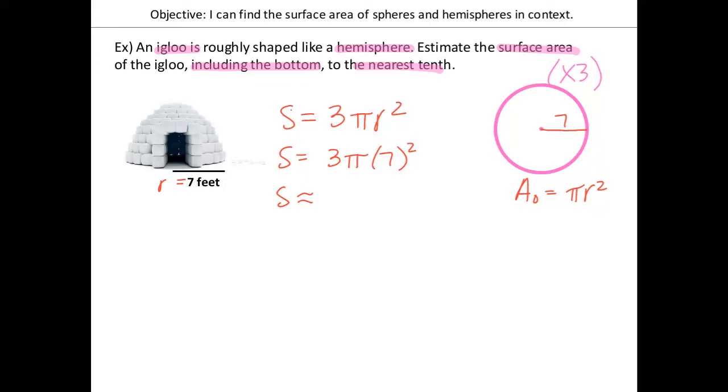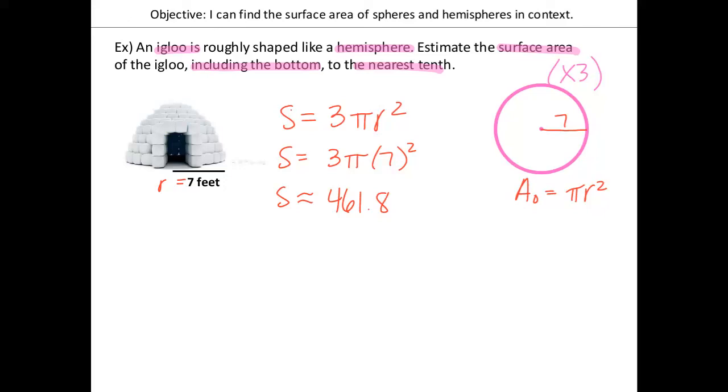Okay, and double check with the person sitting next to you. And then we're rounding to the nearest tenth. Okay, so what did you guys get for your answer? 461.8.